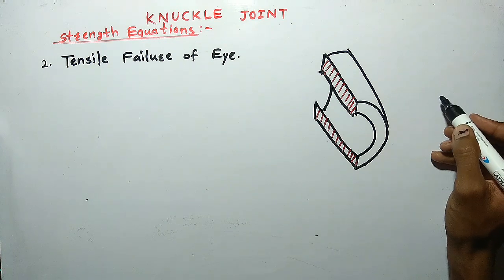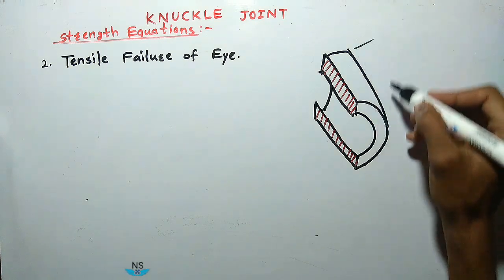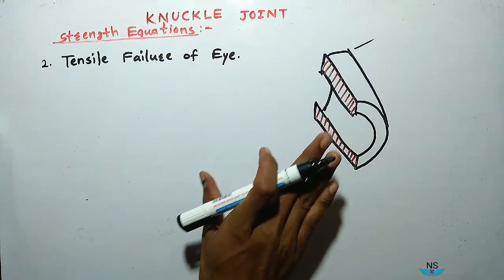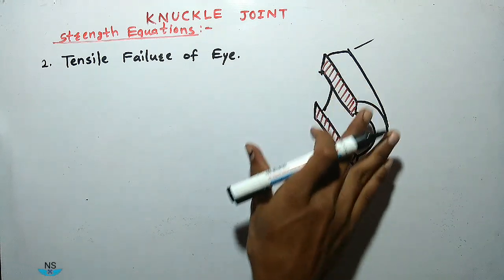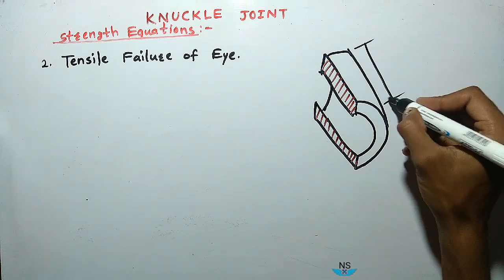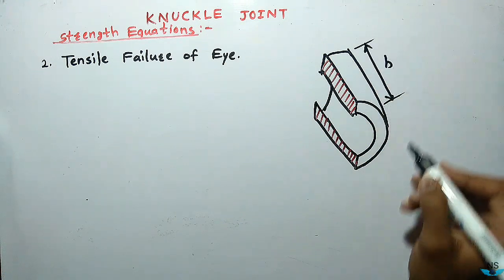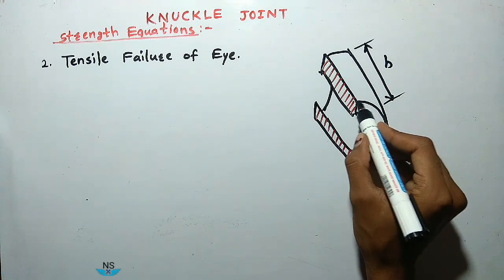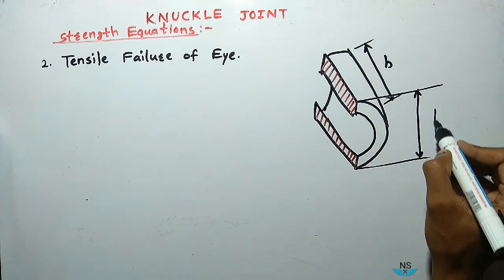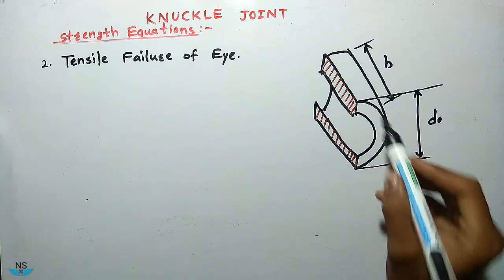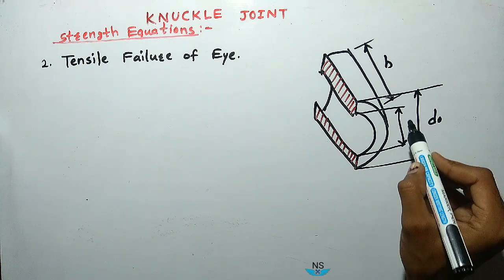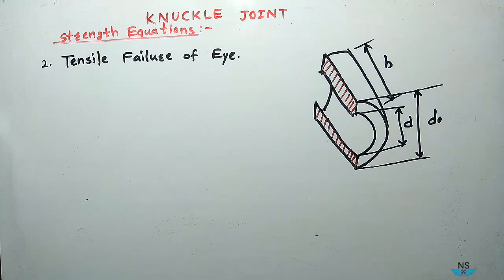Now from this side you can see, this is the rectangle, this is another rectangle. Now this thickness of I is B, and this is the outside diameter of I, that is D naught, and this is inside diameter, that is diameter of hole, that is diameter of pin is small d.